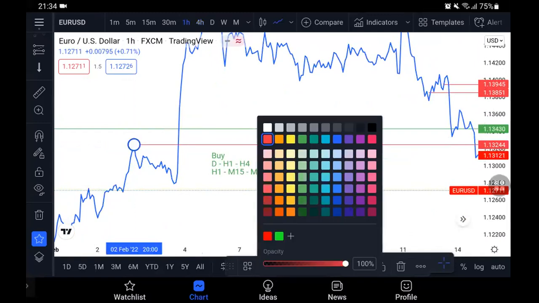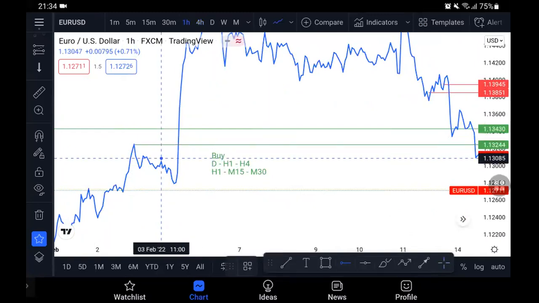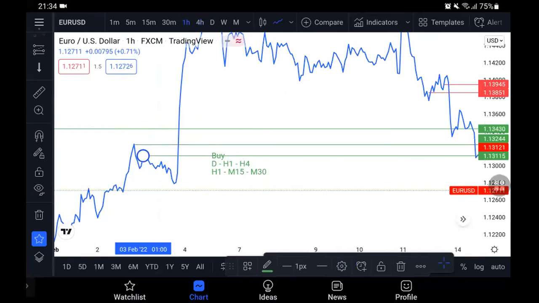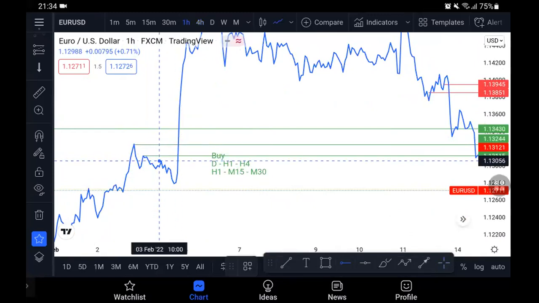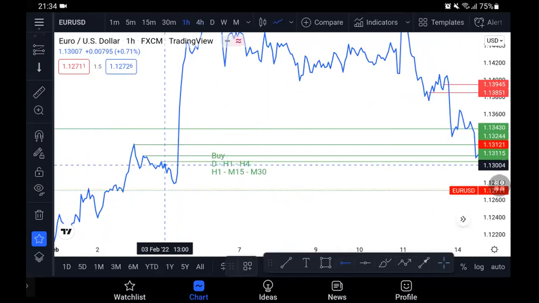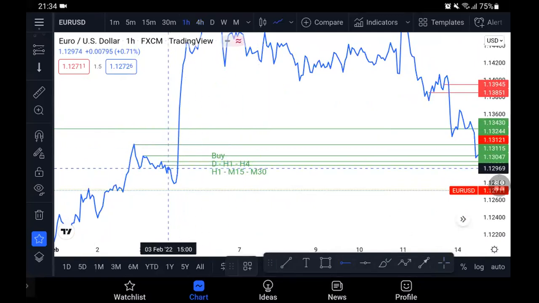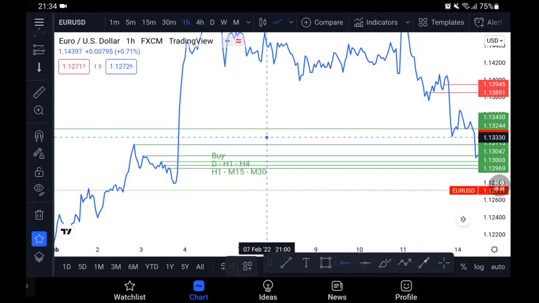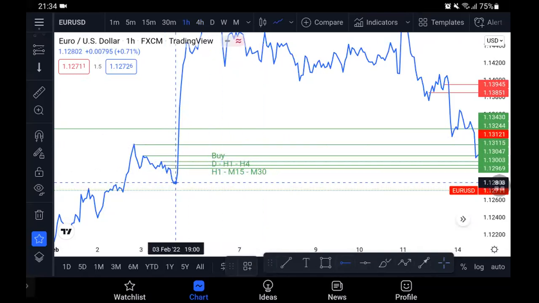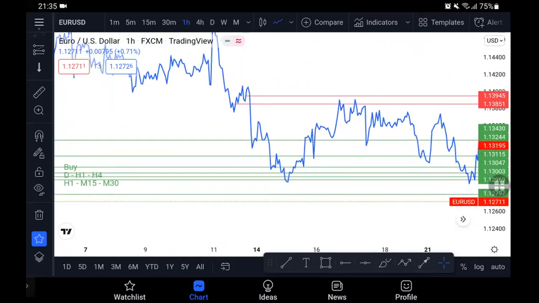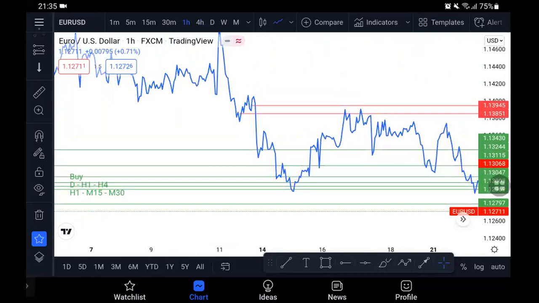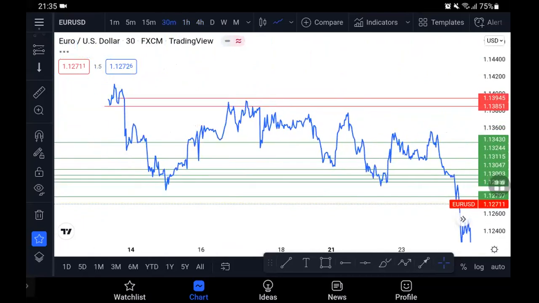Here, if the key level is too near, maybe you can just use one, or you can just mark everything because we don't know which one the market will respect. So this is the key level for H1, and drop to entity for key level for sell.